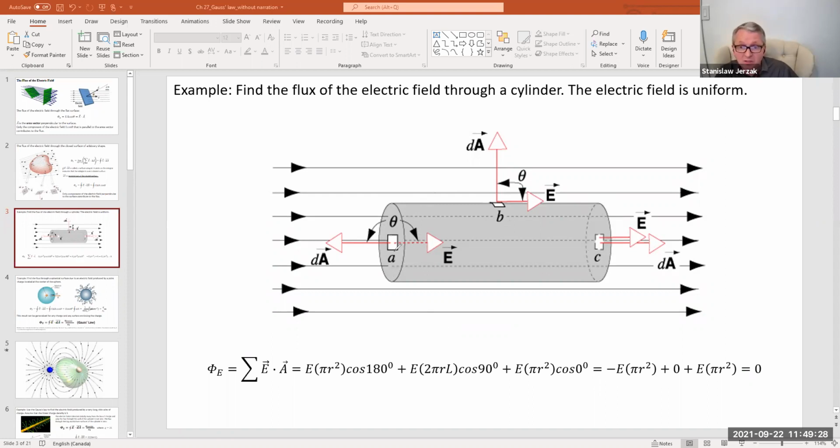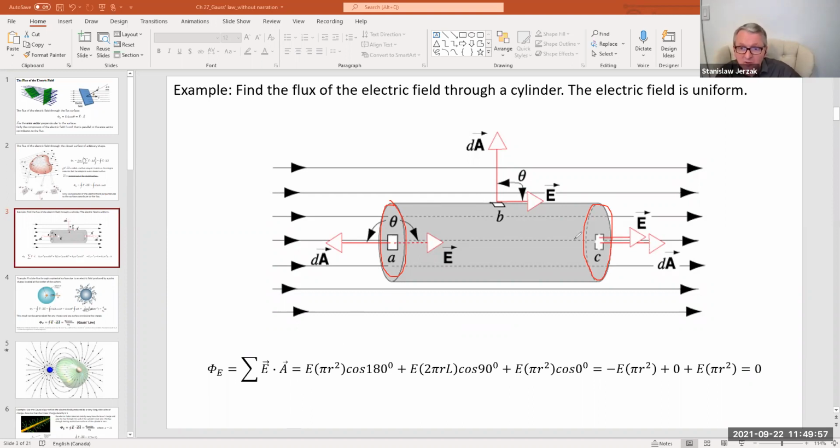And so in this case, because the electric field is uniform, I can calculate the flux first through this circular surface, then I will calculate the flux through this surface, and then I calculate the flux also through the cylindrical side surface, okay?